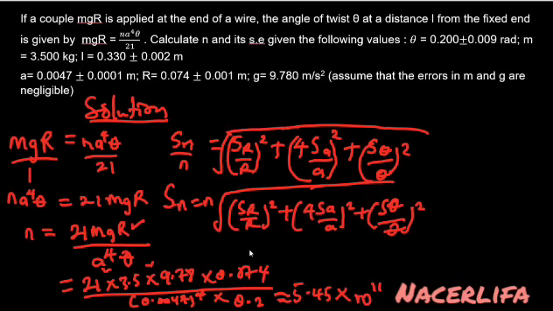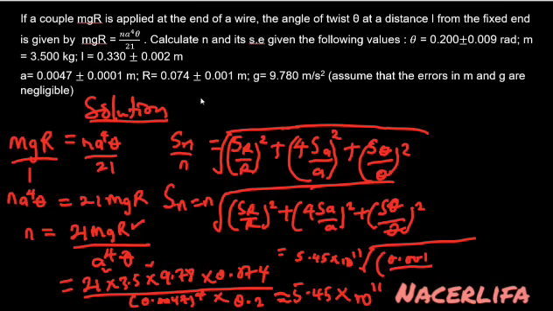Now coming here, we have 5.45 times 10 to the power 11 as the value of N. Then we find the square root of this. The standard error in R is 0.001, upon the actual value of R, which is 0.074.